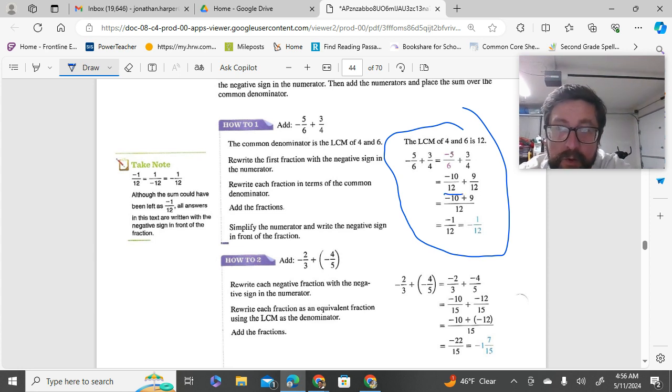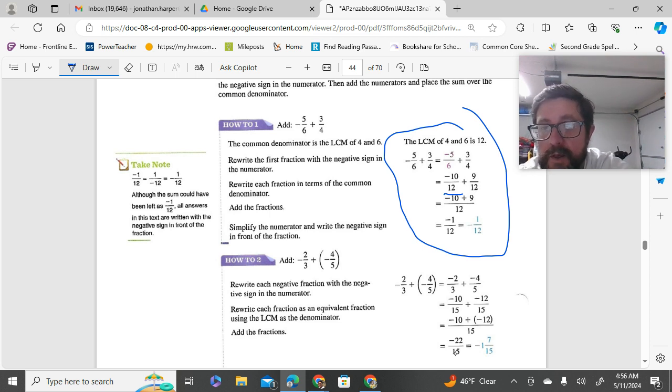That's why they have a 12 down here. What you do is you have to multiply this 6 by 2 to get it to go to 12. Well, you have to do the same to the 5. You have to multiply the 5 by 2. So it is 10.